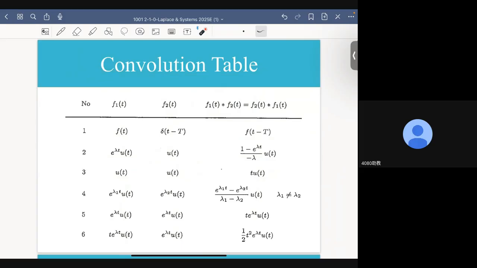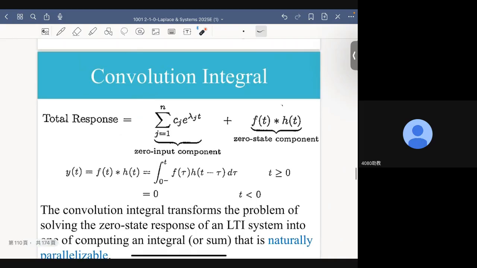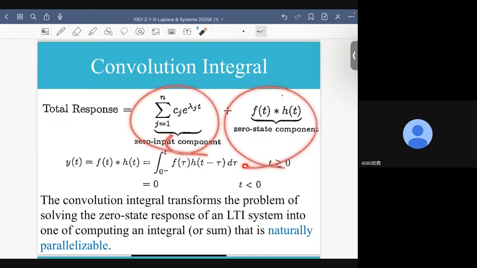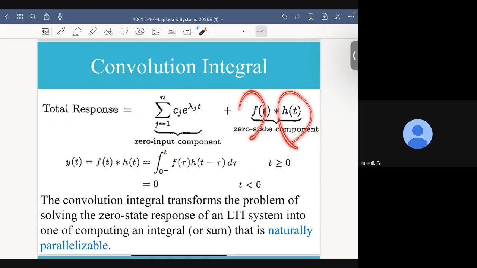If what you want is not on the table, then the convolution integral probably cannot be derived analytically. After understanding the idea of the convolution integral, we know that the total response actually consists of two parts, and this part is what we call the zero-state response, which is the convolution integral of the input and the impulse function.